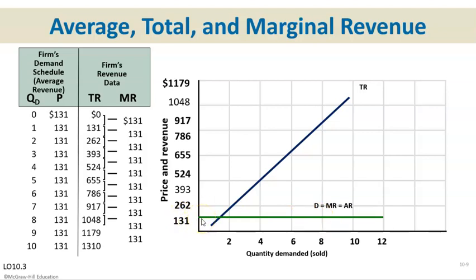And when you're working with a graph, which we're going to be doing quite often in this chapter, remember that this is always your first step. So when you're doing a graph, step 1 is to look at the price. Price is 131. Go to your graph and draw a straight line across right at 131 and label that as, most of the time you're going to be needing the marginal revenue. So demand or marginal revenue.